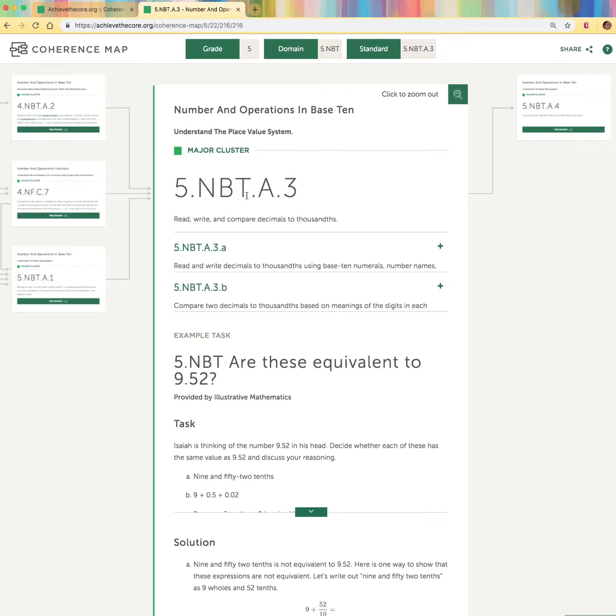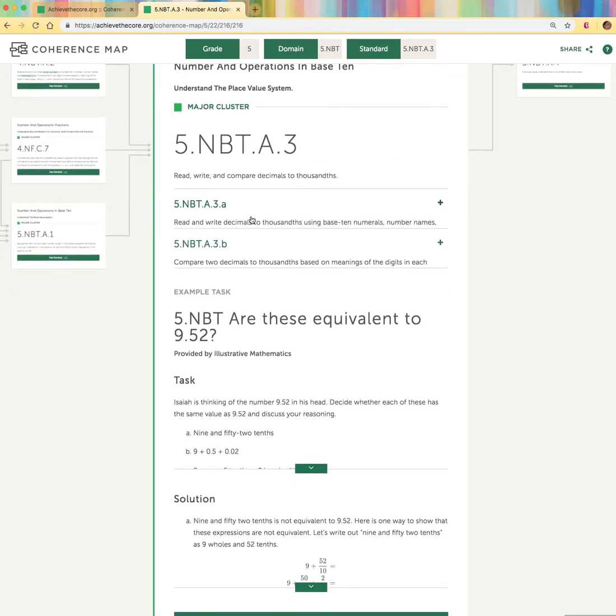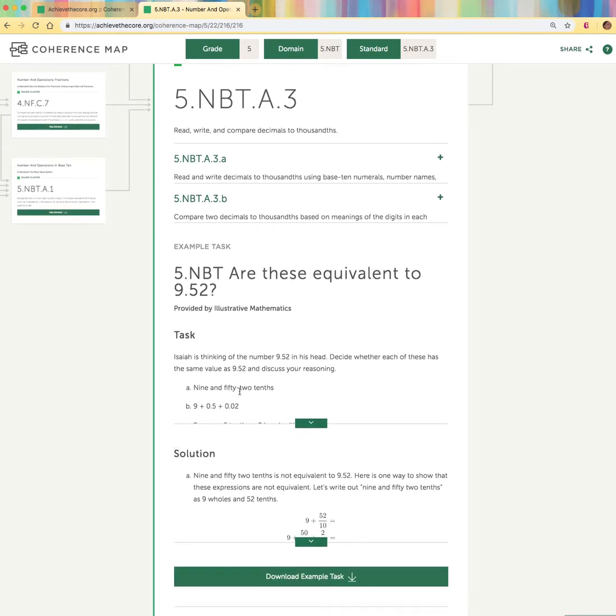If I scroll down on this page of our target, I'm going to find some example tasks. So notice that there's some tasks here for the standard. So I see some example tasks.